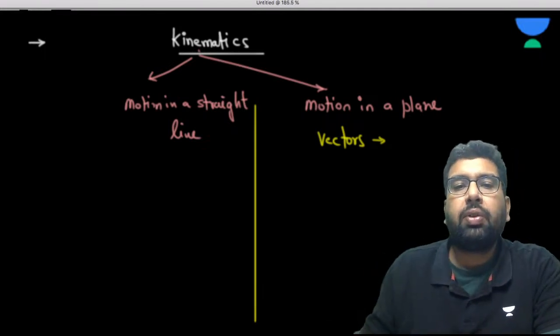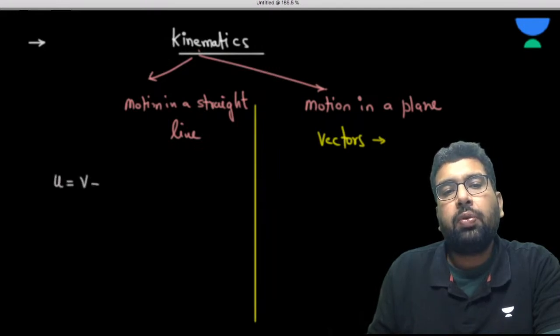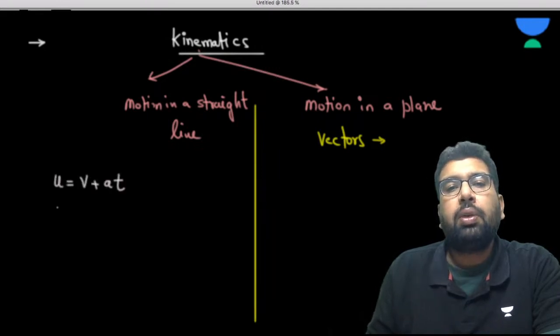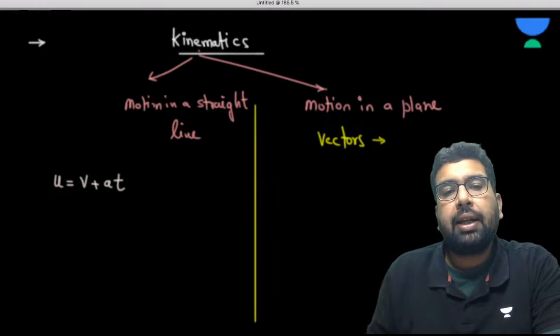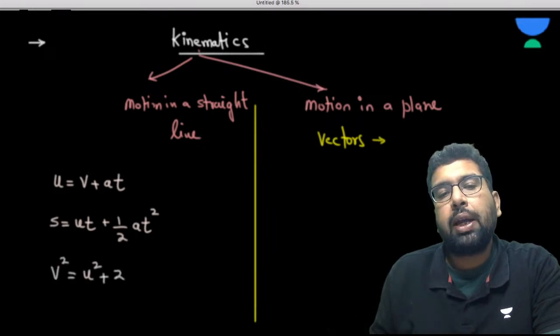Motion in a straight line: what are the equations we have? v is equal to u plus at, s is equal to ut plus half at square, and v square is equal to u square plus 2as.